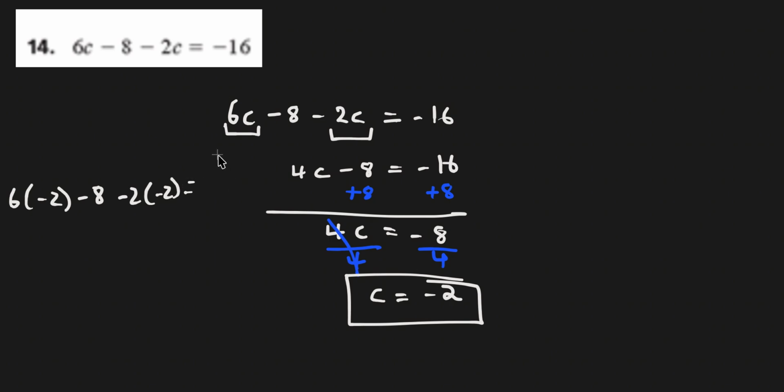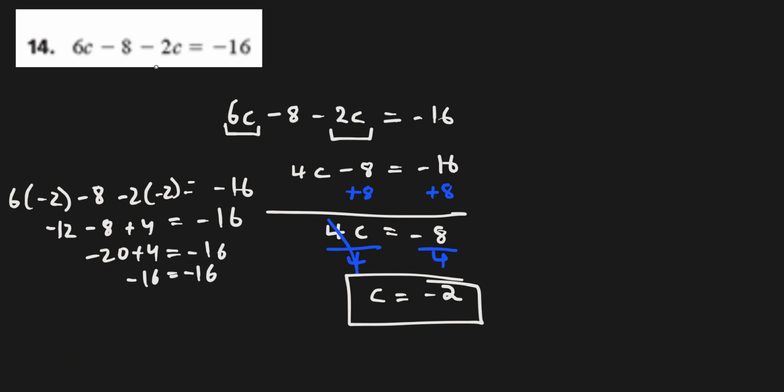Is this going to be true? Let's see. 6 times negative 2 is negative 12, minus 8, plus 4, since negative 2 times negative 2 is positive 4, is equal to negative 16. Negative 12 minus 8 is negative 20. Negative 20 plus 4 is equal to negative 16. Yep, that's true. Negative 16 is equal to negative 16.